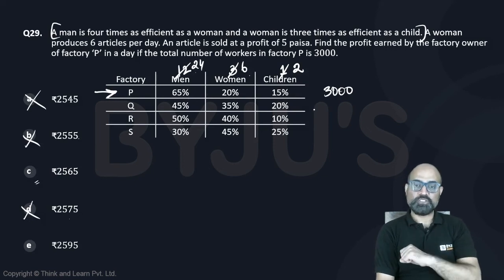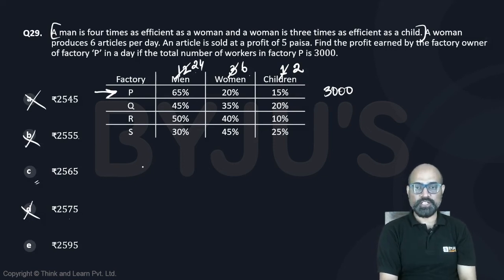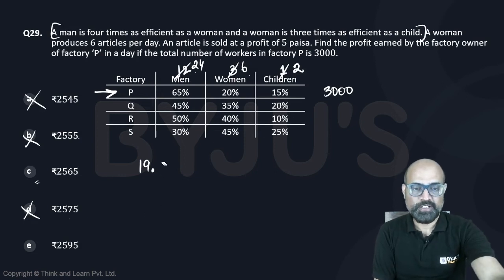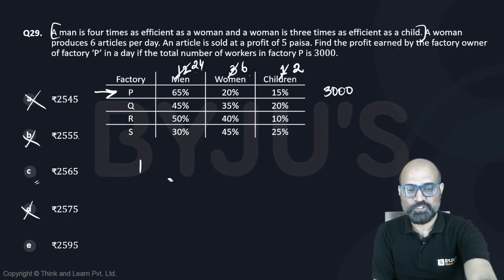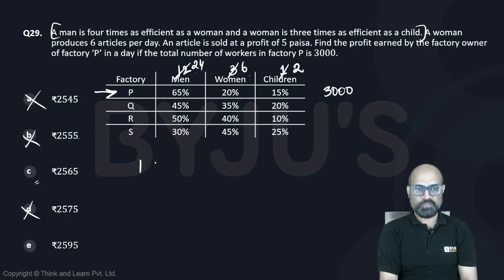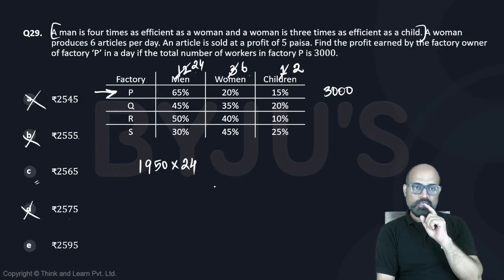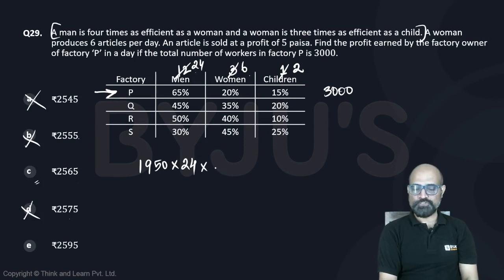So 65% of 3,000 is going to be, sorry, not 19,500. We will have 1950 total men, each producing 6 articles, and each article getting a profit of 5 paise. So 5 paise is 0.05, right? Okay.